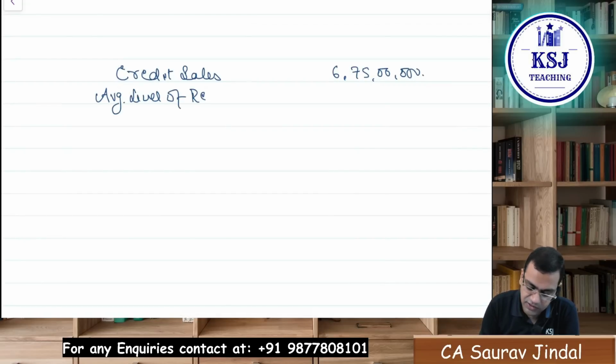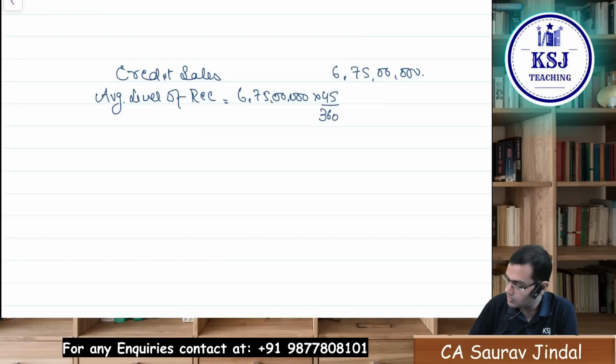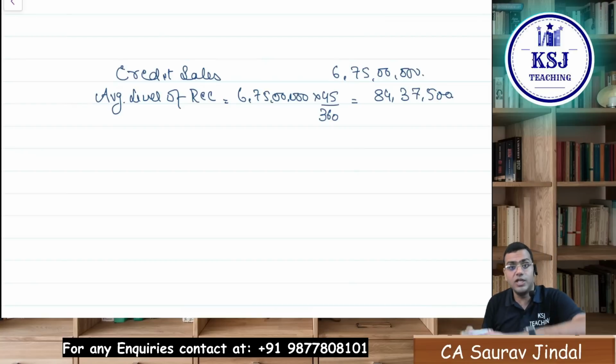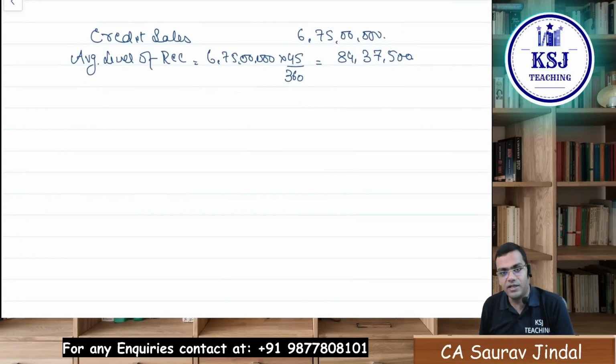For how many days is the investment in receivables? We can say 45 days now, because the factor has agreed for 45 days. That comes to 84,37,500. That means the factor will be managing the receivables of 84,37,500.